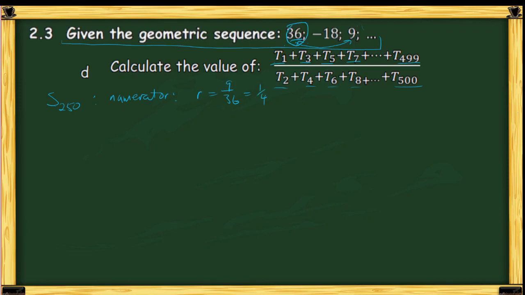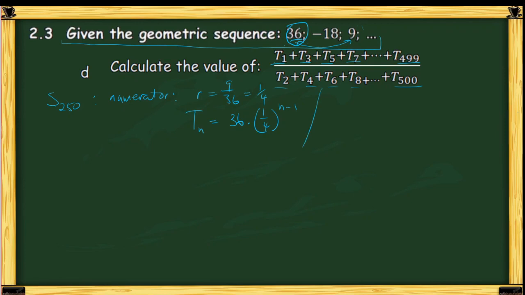Then we have our A value, and that's going to give us a general term of 36 times 1 over 4 all to the power n minus 1.